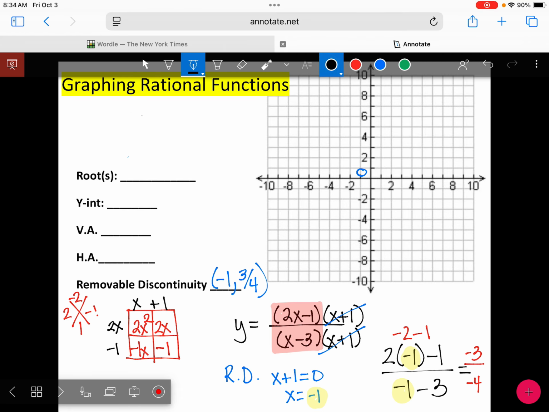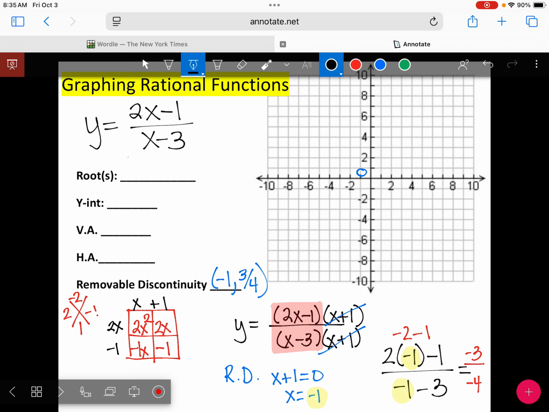All right, so now we're going to finish out the rest. So y equals 2x minus 1 over x minus 3. This is what I'm going to use to answer the rest of my questions. All right, roots. Where do we look for roots? Numerator. Go ahead and set that equal to 0. Take that 2x minus 1, set it equal to 0, solve it for x.